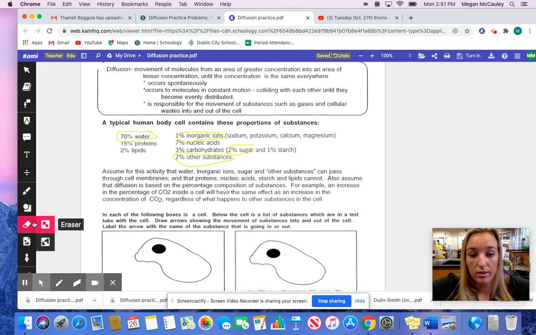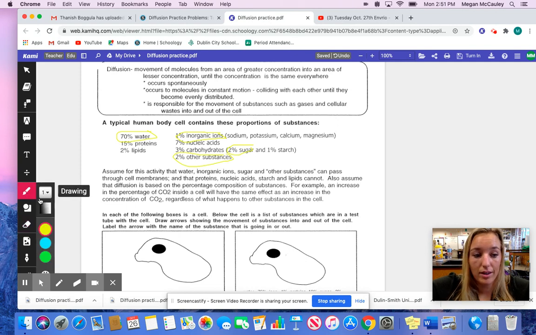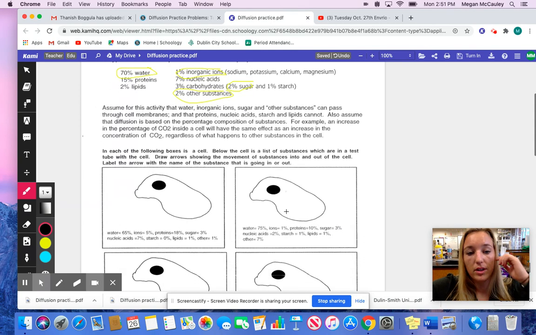So that's what we're going to be focusing on, things that can enter and exit the cell. Okay? All right. For example, an increase in the percentage of CO2 inside a cell would have the same effect.